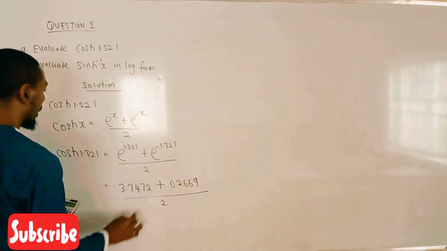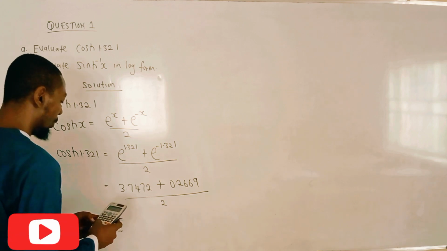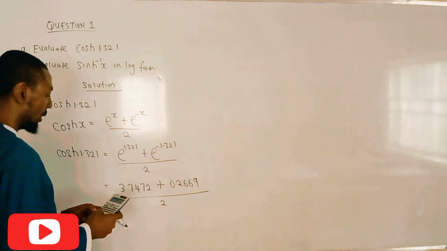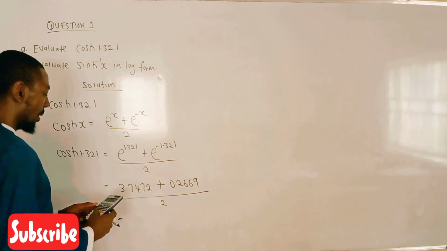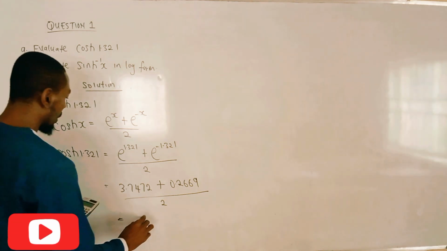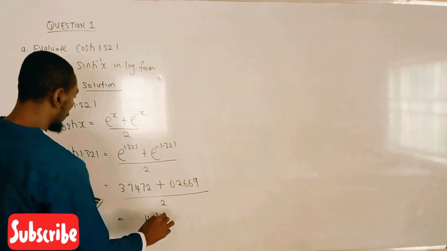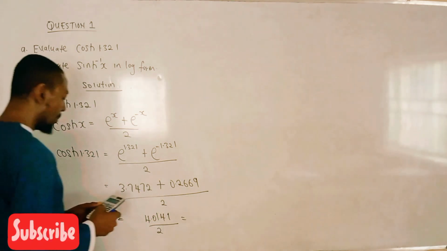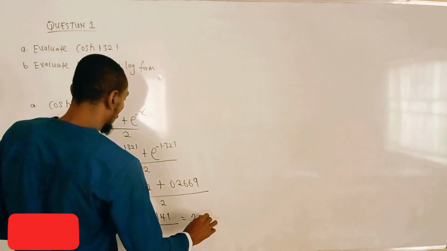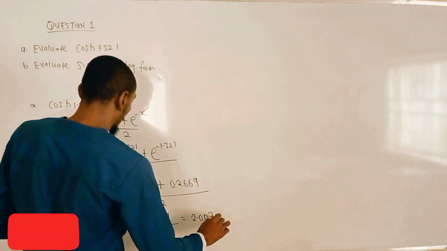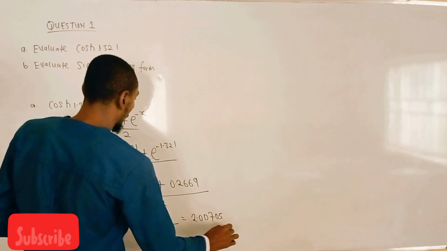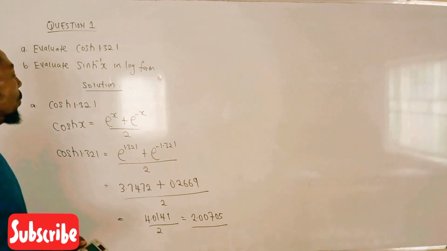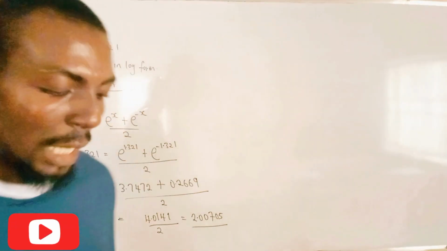Okay, and then we're going to add the two numbers together: 3.7472 plus 0.2669. We have 4.0141 divided by 2, and the final answer becomes 2.00705.